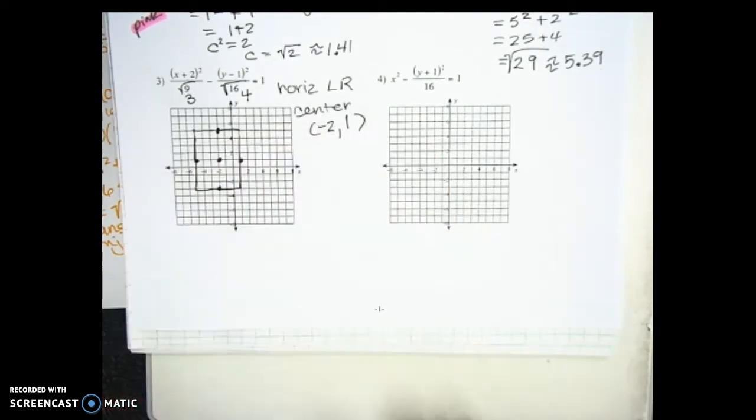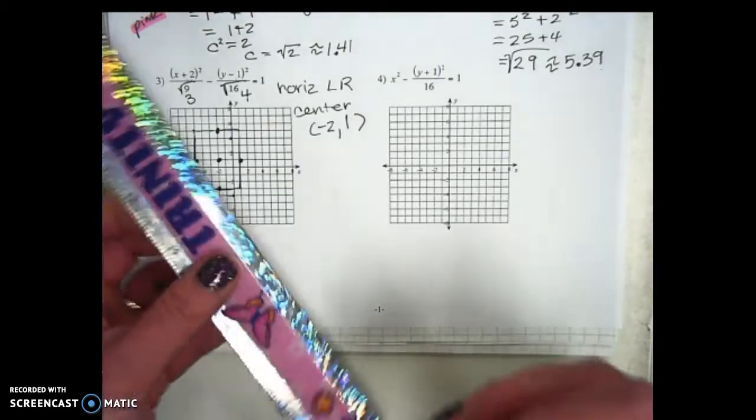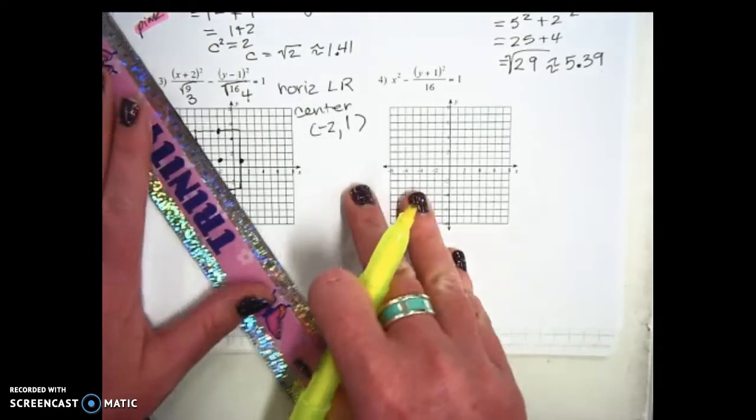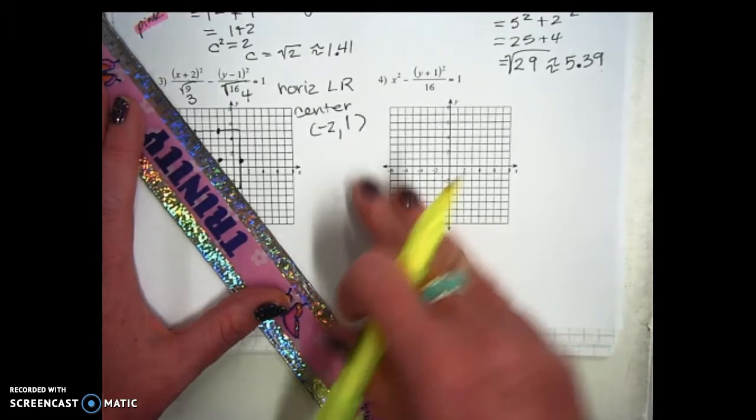Once you have your rectangle, use your highlighter, whatever color you've got. Go corner to corner and draw your asymptote.